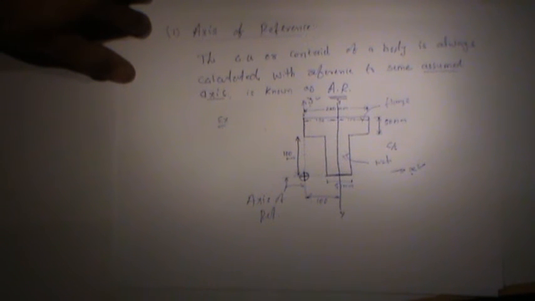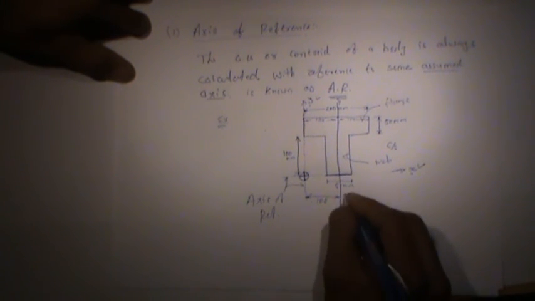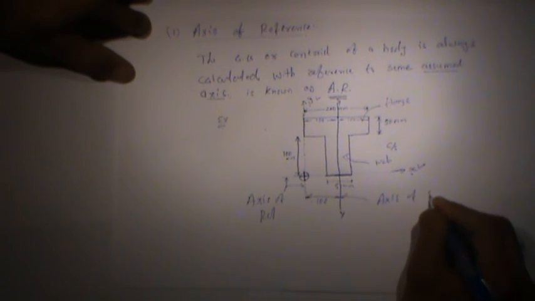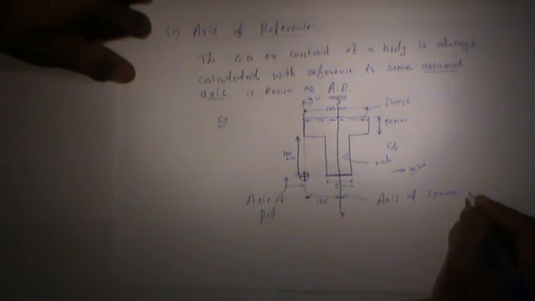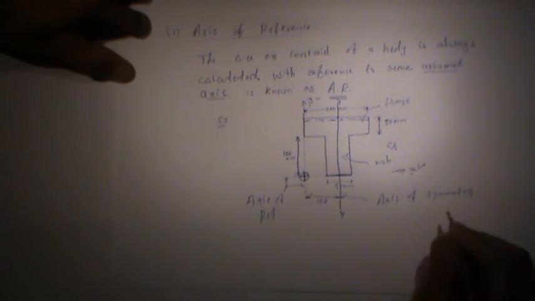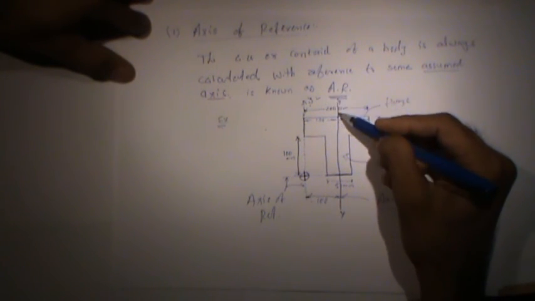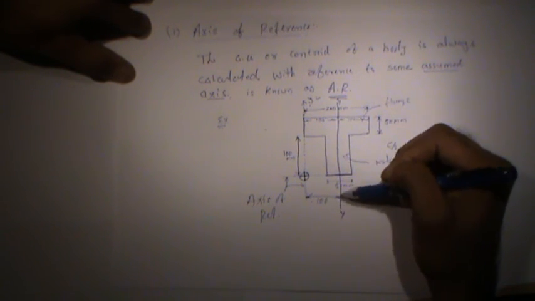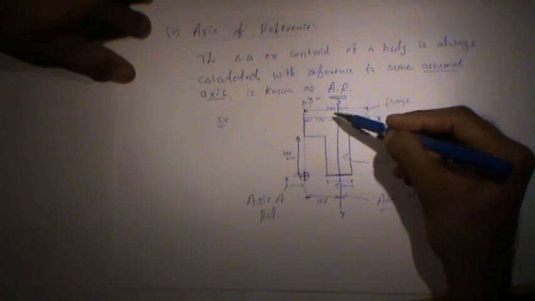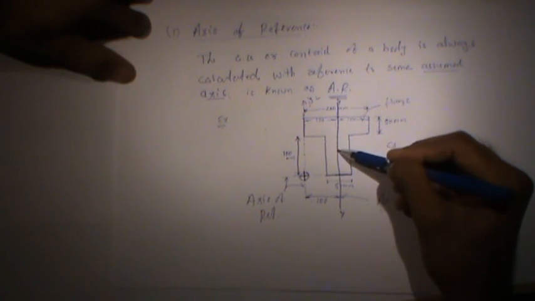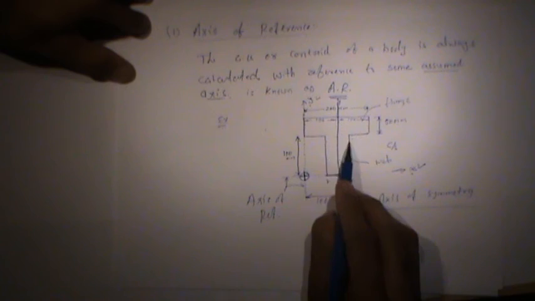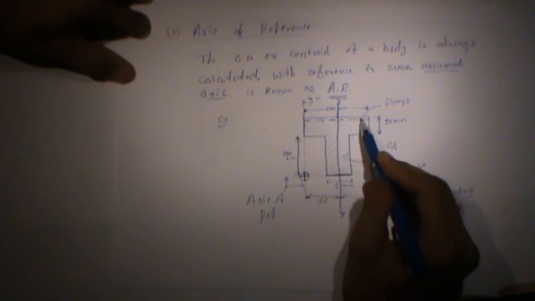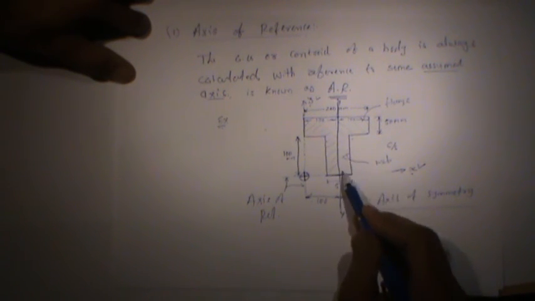Now we also have another concept that is called the axis of symmetry. See friends, if you cut this section with reference to this y-axis and observe the two segments, this is the first segment and this one is the second segment, both are mirrors.